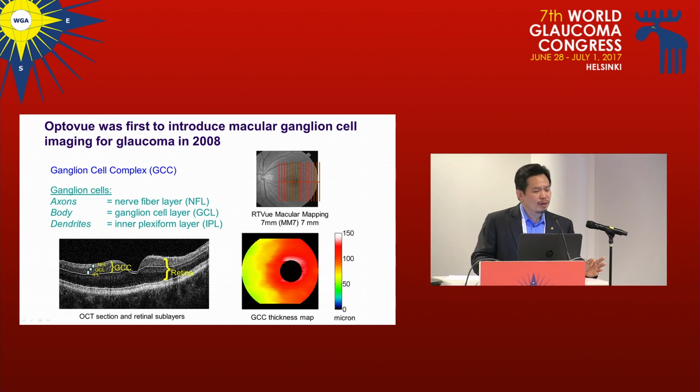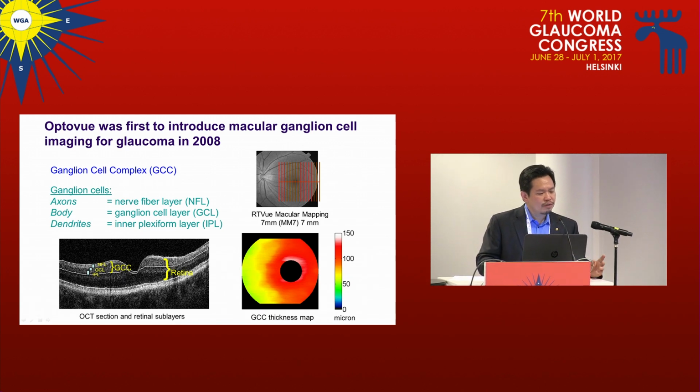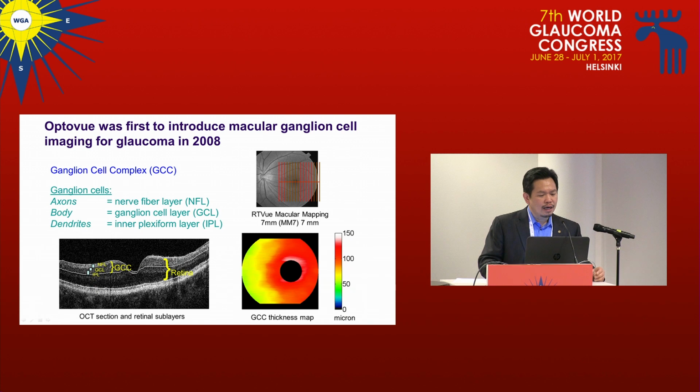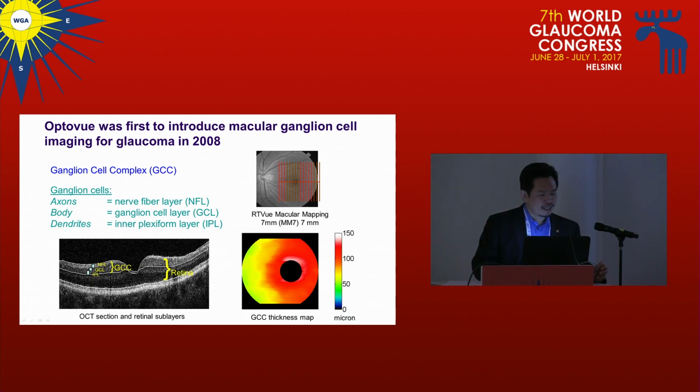In the glaucoma world, Optovue was also the first to introduce macular ganglion cell imaging for glaucoma in 2008. And as you know, ganglion cell complex, or GCC, images the ganglion cells, including the axons, the cell bodies, and the dendrites.